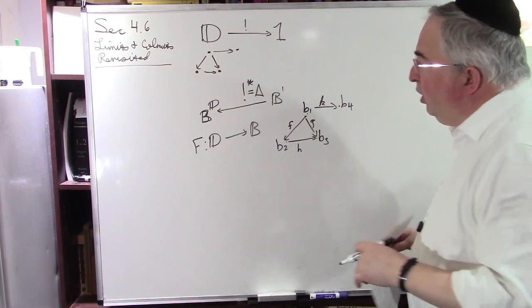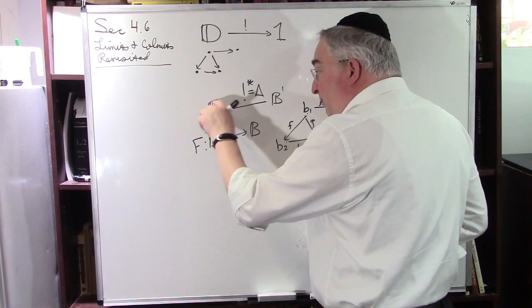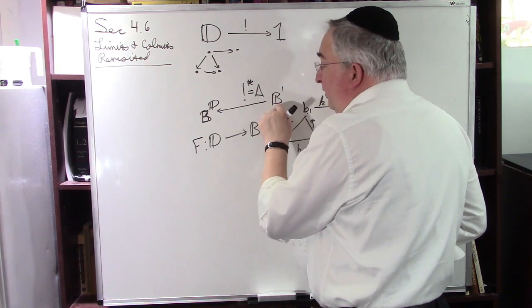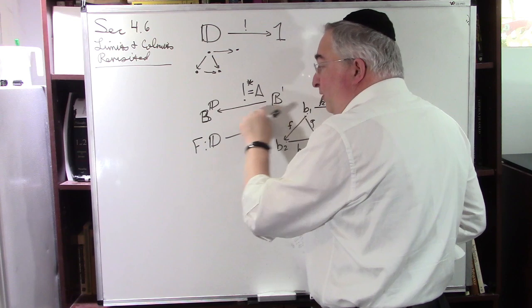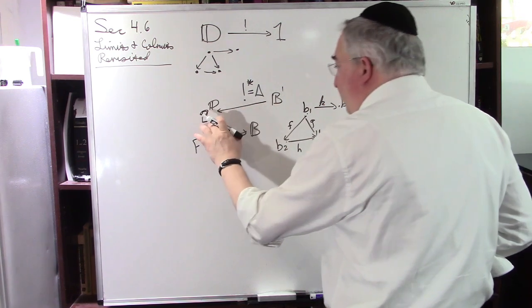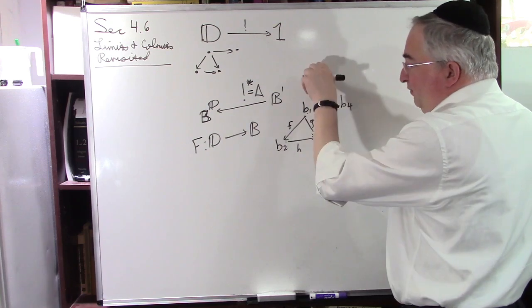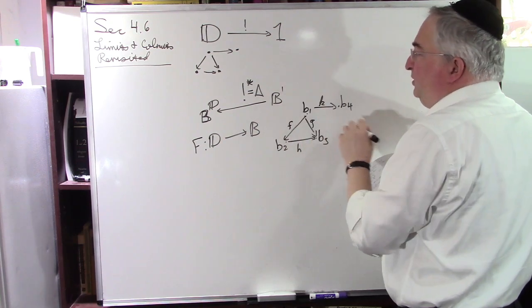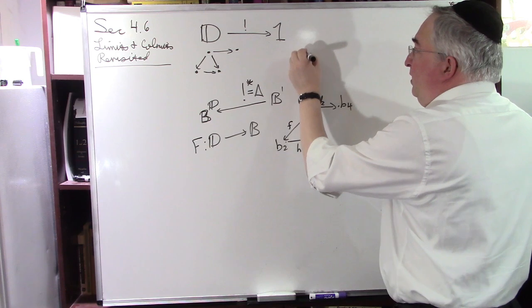Now, question: what's a typical element here that's from this functor? A typical element from this functor is as follows, and I'm going to draw it over here. It's going to be something like this.